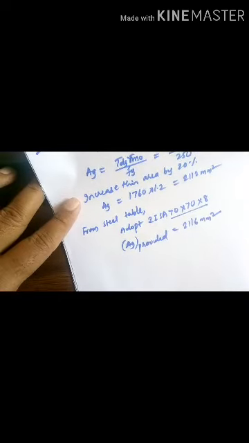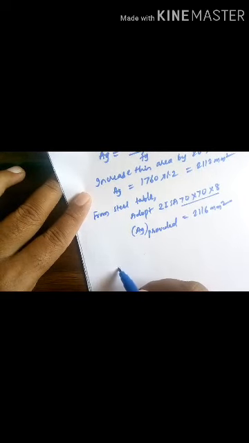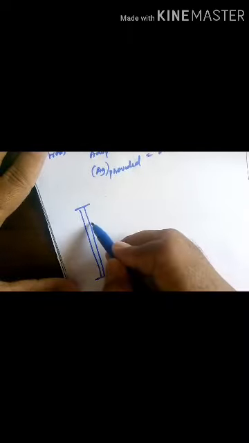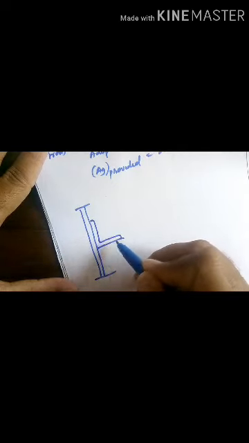Okay. Then after this, the analysis part. I'll draw here once again. This is a gusset plate. The angles are provided on either side like this.